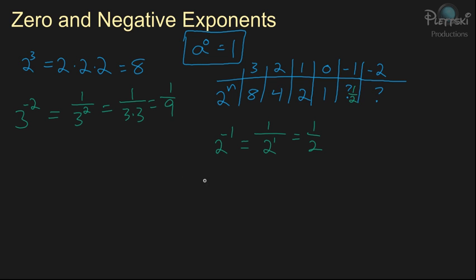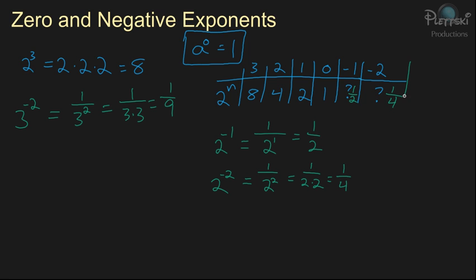And then 2 to the negative 2 power is going to be 1 over 2 squared, which is the same thing as 1 over 2 times 2, which is 1 over 4. So 2 to the negative 2 power is 1/4.